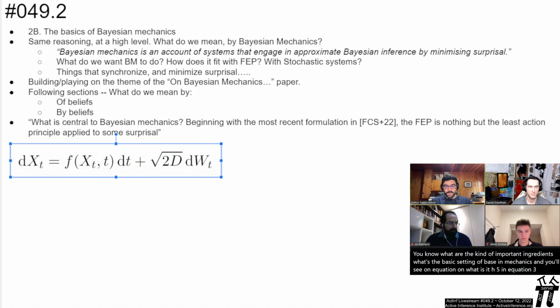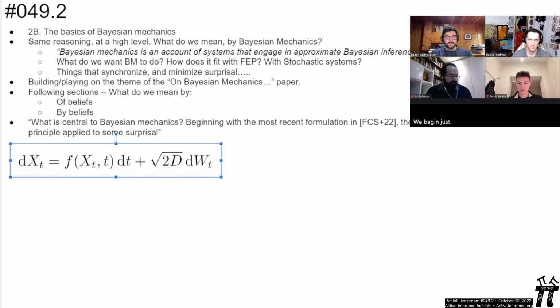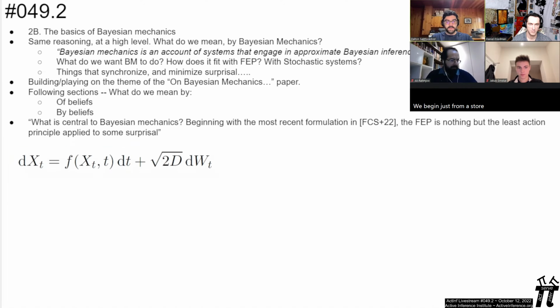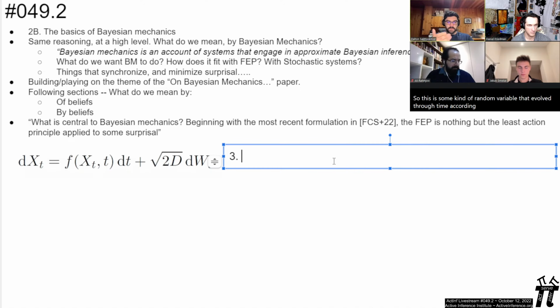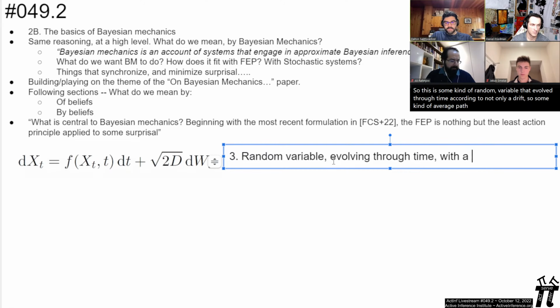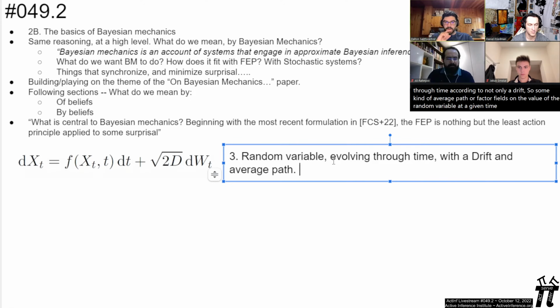We begin just from a stochastic differential equation. So this is some kind of random variable that evolves through time according to not only a drift, so some kind of average path or vector field on the value of the random variable at a given time, but also this noise term at the other end of it.